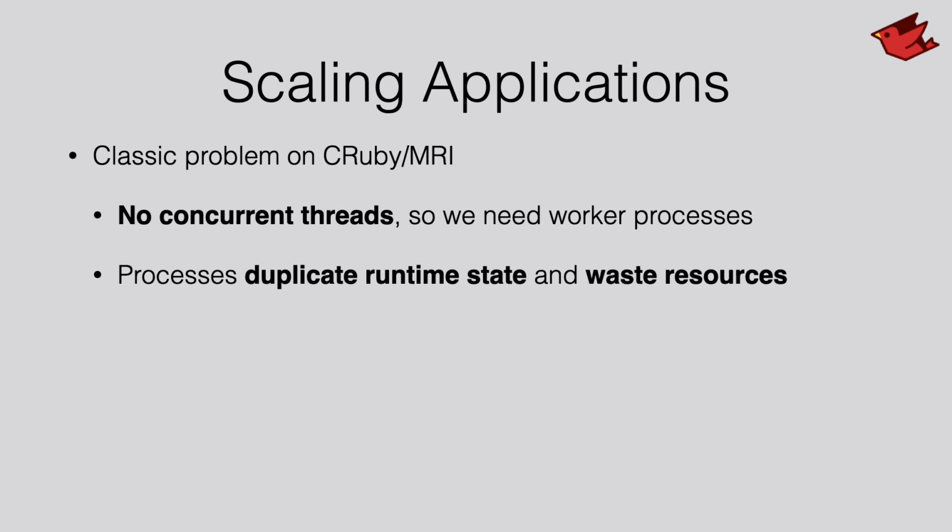Now, there's a lot of good tricks like copy on write and pre-forking and lots of servers that work very hard to reduce the size of those processes. But no matter what, you're still spinning up a separate process that has its own heap, that has to do its own garbage collection, potentially its own just-in-time compiling, and that wastes resources. You're duplicating a lot of state, duplicating a lot of work, and wasting a lot of time.